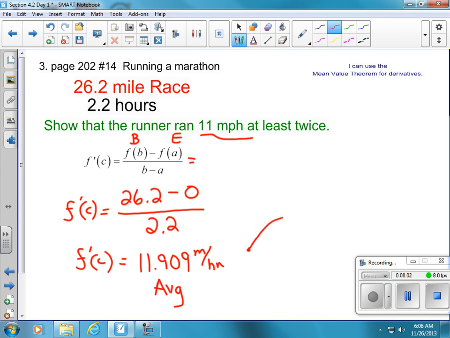So we go 0 up to 12-ish and then come back down. So there must be 2 times right here that we reach 11. Okay, so the runner had to be at 11 miles per hour at least twice, probably even more in real life.